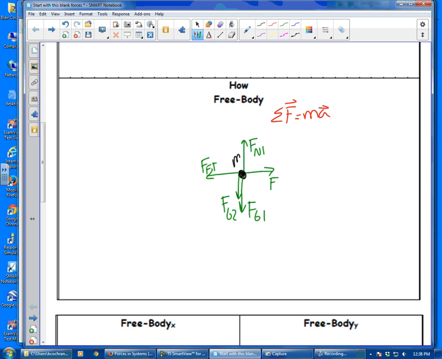Now I'm going to do the y direction and write it in math form, which is the exact same thing: Fn1 minus Fg2 minus Fg1 equals my mass m times my acceleration, 0. So Fn1 equals Fg2 plus Fg1, right?